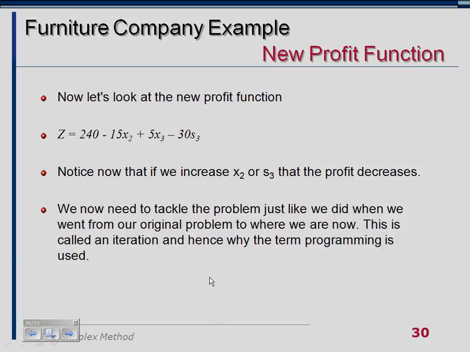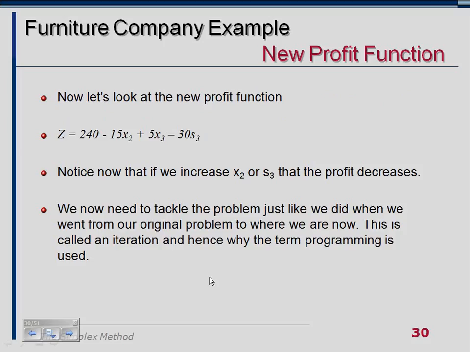And I asked you, what do you notice about it? One of the first things that jumps out is that our decision variable, X2, and our slack variable, S3, both have negative coefficients. If all these variables have to be greater than 0, as we've defined them, that means there's really no room for improvement.